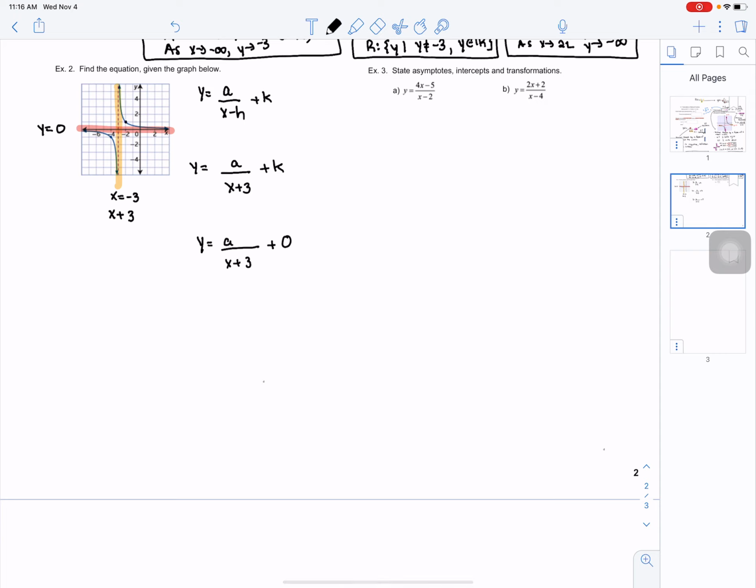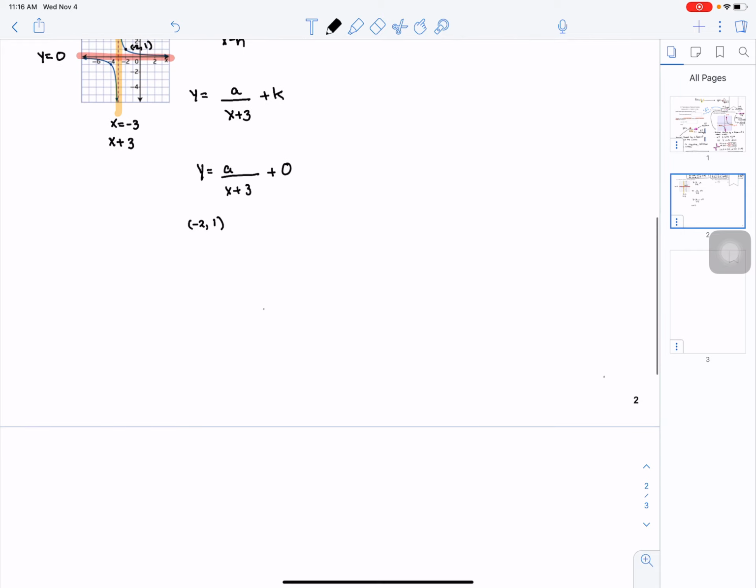So I'm going to take this dot that they give me, which is located at -2, 1, and I'm going to sub in that point in order to solve for a. So 1 is equal to a over -2 plus 3 plus 0. 1 is equal to a plus 0.